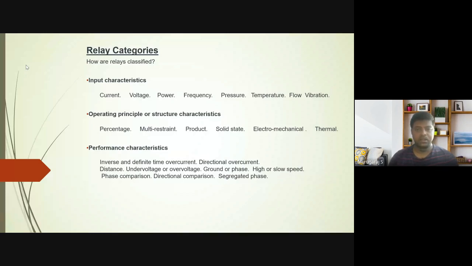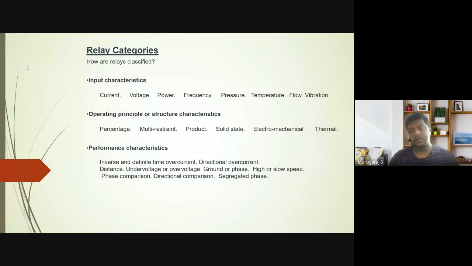That is electronic protection. With respect to performance, some relays will work on IDMT, that is inverse definite minimum time overcurrent. I hope you understand what inverse definite time overcurrent is. Whenever the time increases, your current will be decreasing. So it's called the IDMT curve.